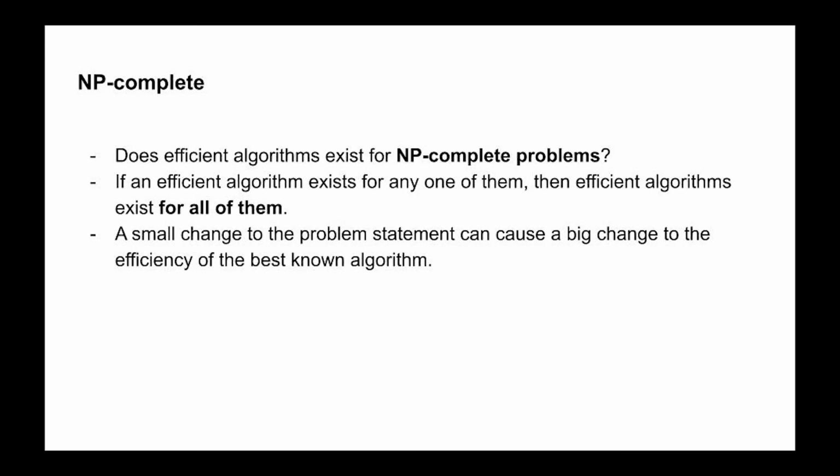There are a few things about NP-complete problems. First, it is unknown whether or not an efficient algorithm exists for NP-complete problems. Second, the set of NP-complete problems has the remarkable property that if an efficient algorithm exists for any of them, then this means that efficient algorithms exist for all of them. And third, several NP-complete problems are similar but not identical to problems for which we do know of efficient algorithms.